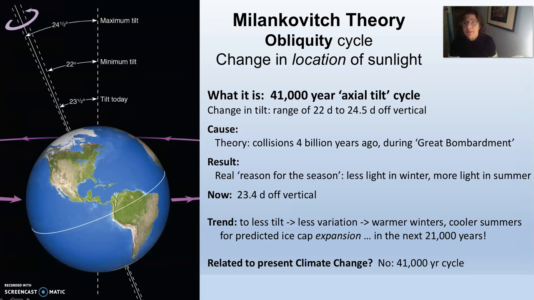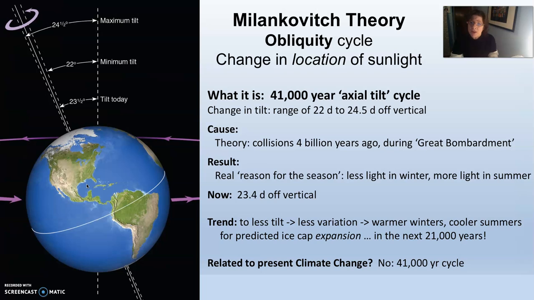It actually was a blessing because it gave us differential seasons. When you are looking at the Earth here, you are seeing that the northern hemisphere is getting more light than the southern hemisphere, and there is more light for the northern hemisphere in the summer, less light for the northern hemisphere in the winter. It's really the reason for the season, this obliquity cycle.